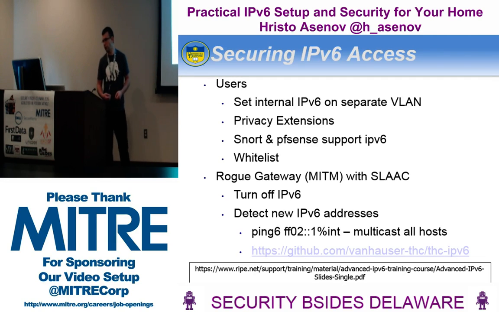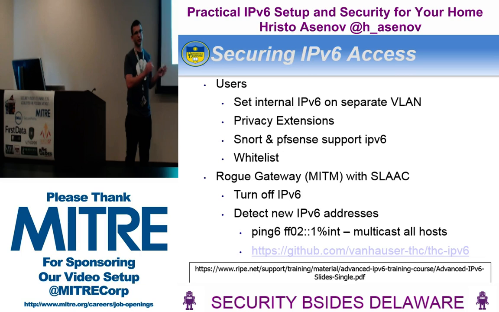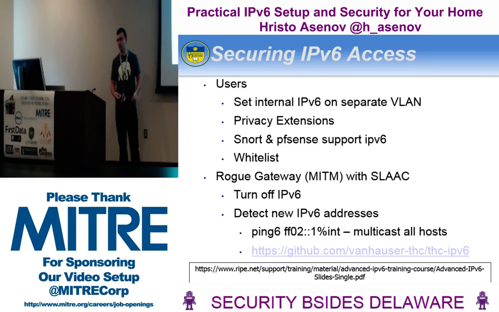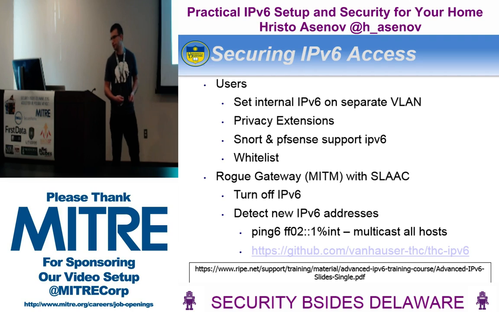So one of the things that we can do is set a VLAN on the internal interface so that only people that are on that VLAN can get a v6 address. So that will mitigate the issue. And privacy extensions probably need to be turned on. And you guys know Snort and pfSense actually support v6, so you can enable traces through Snort in v6.